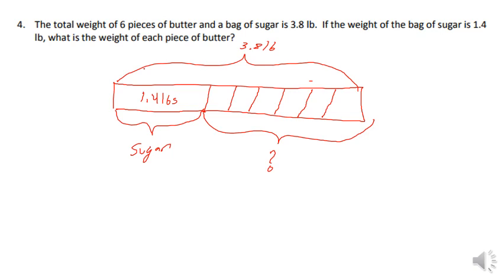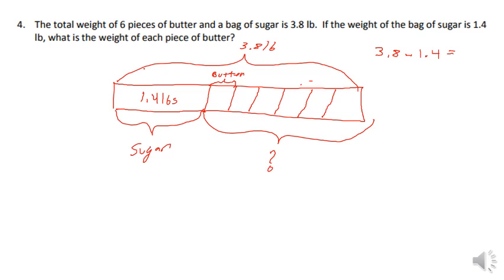So the ultimate answer is we're looking for 1 piece of butter. In order to solve this, first we have to figure out how much the 6 of them weighed. We know that the total weight was 3.8 pounds, and we know the sugar was 1.4 pounds. So if we subtract those, we can get the total weight of the butter.